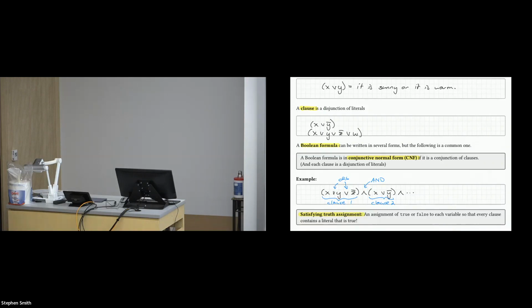I can do it by setting X to true, by setting Y to true, or by setting Z to false. Any of those would work, or multiple, because with an or, I just have to have at least one of them be true. And then I have an and between clauses, so I have to do that for every clause. So a satisfying truth assignment is an assignment of true or false to each variable so that every clause contains a literal that is true.